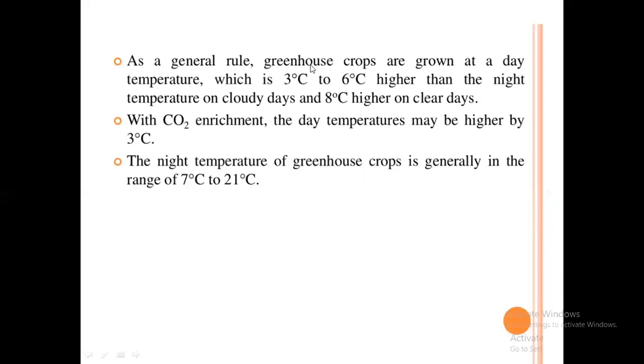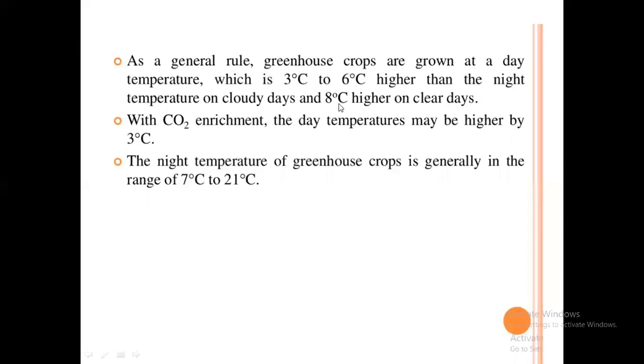In general, greenhouse crops are grown at a day temperature which is 3 degrees Celsius to 6 degrees Celsius higher than the night temperature on cloudy days, and 8 degrees Celsius higher on clear days.